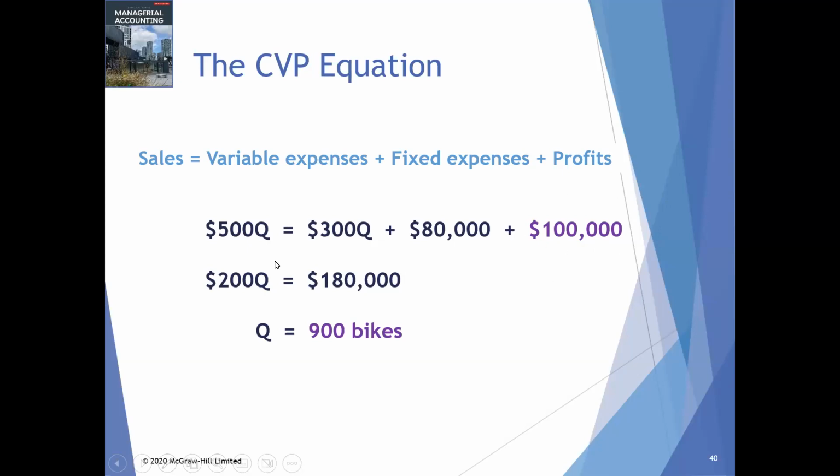So 300Q goes to the other side, 500 minus 300 is 200. So 200Q, which will be divided here. $180,000 divided by 200, right? So this is 900 bikes. It means we need to sell 900 bikes if we want a profit of $100,000.